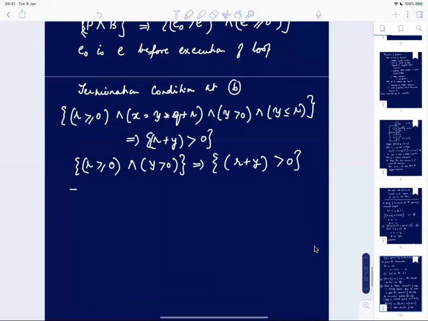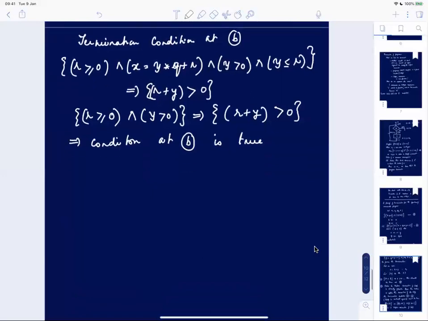This implies the condition at B is true. Now let's look at the second part. Condition B to B is true.